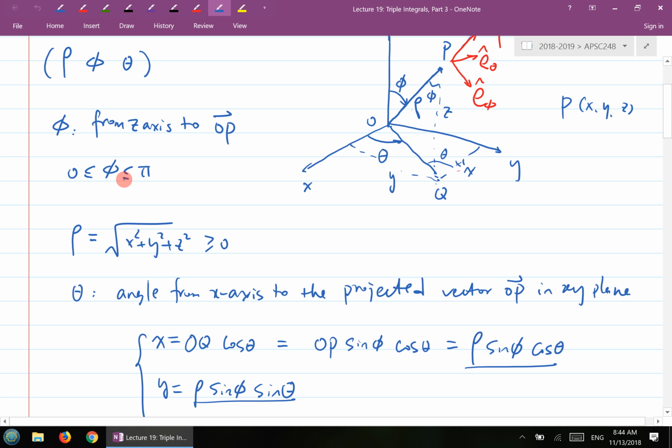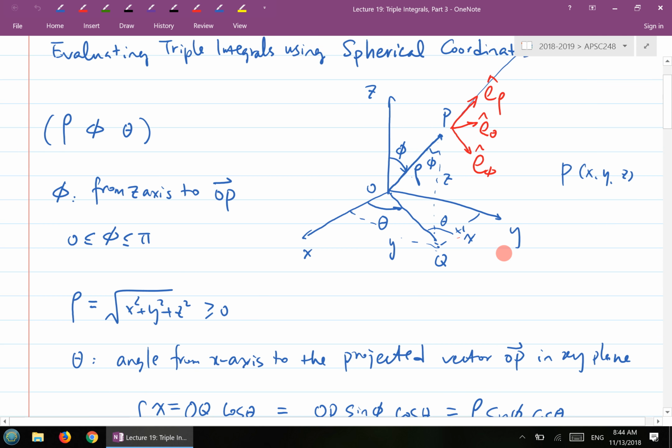Phi equal to 0 is the z-axis, when aligned with the z-axis. It's always counterclockwise. When you count angles, it's always counterclockwise with respect to the reference axis.